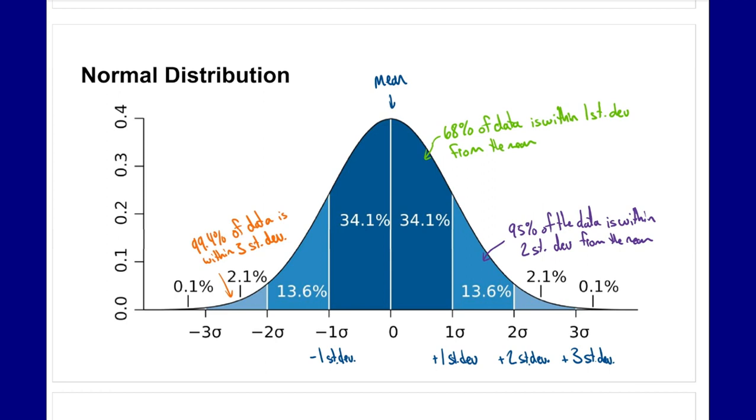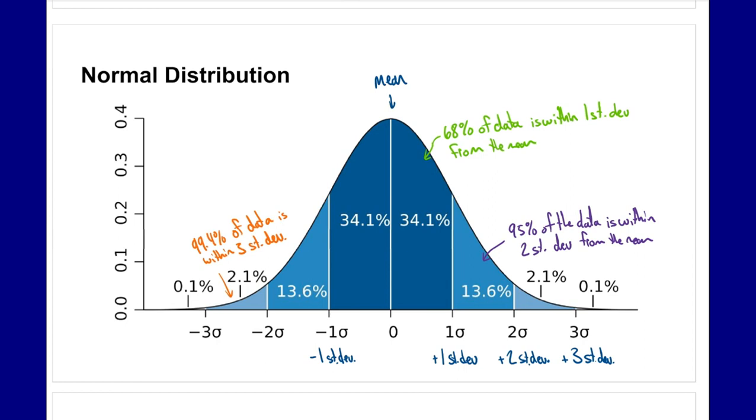And again, the standard deviation is just a metaphorical distance or a value. And then the 0.6%, that is everything that's beyond 3 standard deviations. So basically it's saying we are going to have some outliers, some extreme values on the high end and on the low end, but there's only going to be a few of them.